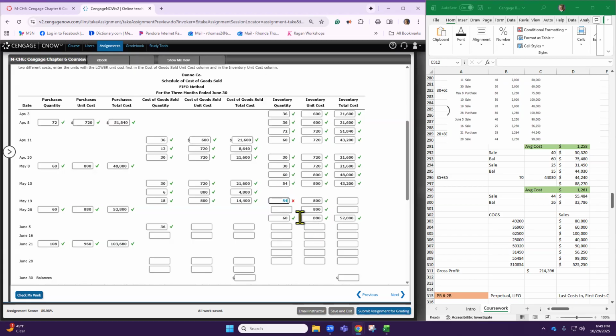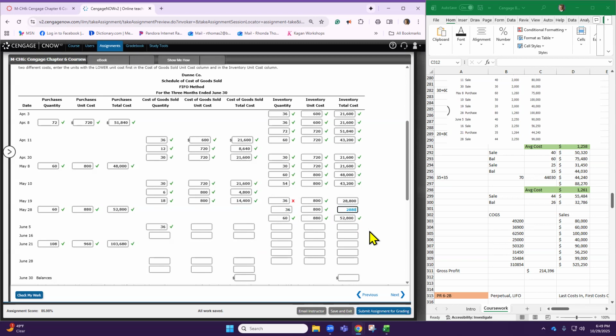We just bring this down. Sorry. So this number, you have to be careful. This number is the difference between 60. So if you take 60 and subtract 6, then on May 10th, you have 54. Now we're going to say 54 minus 18. There we go, which is 36. Sorry, 36 times 800 is 28,800. Okay, and now we're ready to buy more.